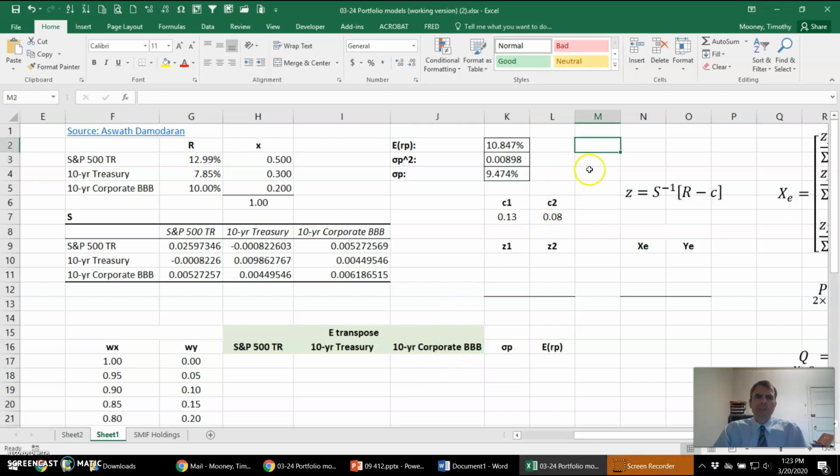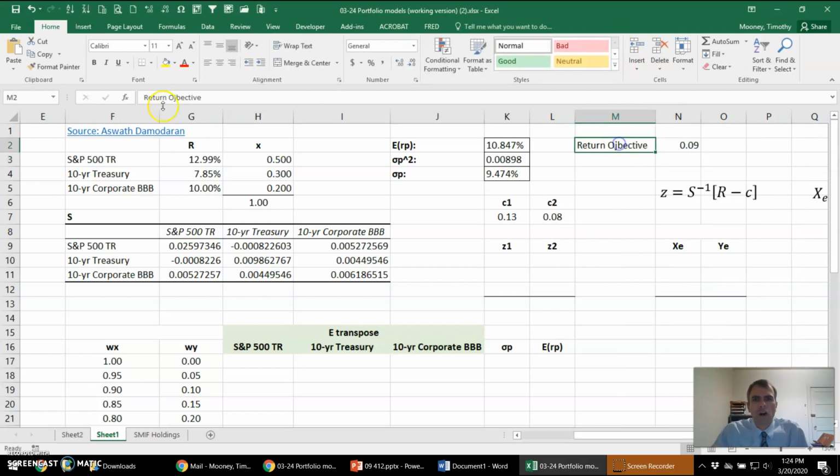So that brings us to our mini exercise. From here, you could do the Solver optimization like we did in the previous video. Given some return objective, minimize standard deviation, for example. And that's exactly what we'll do. Here's the mini exercise. Suppose our return objective is 9%, 0.09.